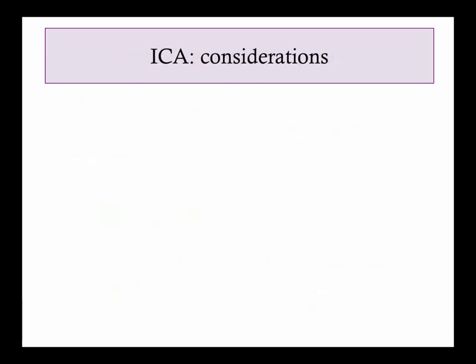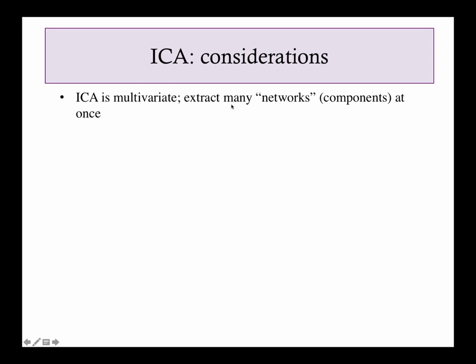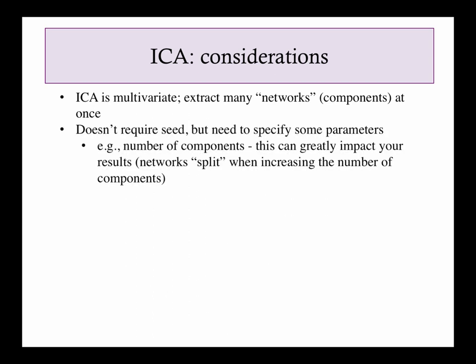So to summarize a few things about ICA, it's multivariate, and you are extracting many networks at once. This is in contrast to seed-based analysis, which is more of a pairwise analysis. And it doesn't require you to choose a seed, but you do need to specify various parameters in this algorithm. For example, the number of components you'd like it to return.